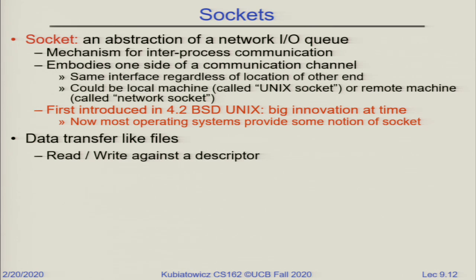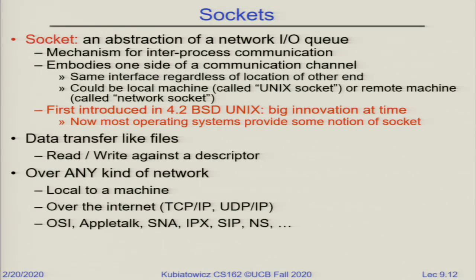The idea behind a socket is the data transfer is much like a file once you've connected them together. So we're keeping with the standard POSIX idea that you open things and then you do read and write just like you would to a file, except that now we're going to be talking into an endpoint which emerges on the other side of the world potentially, right? And the socket idea is general, so it can be over any kind of network.